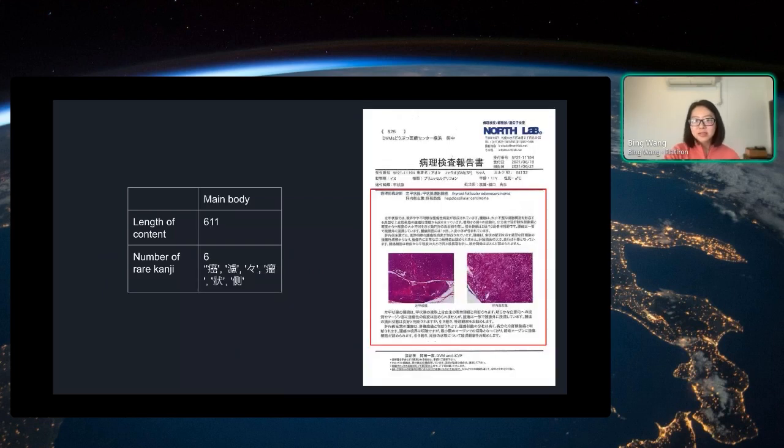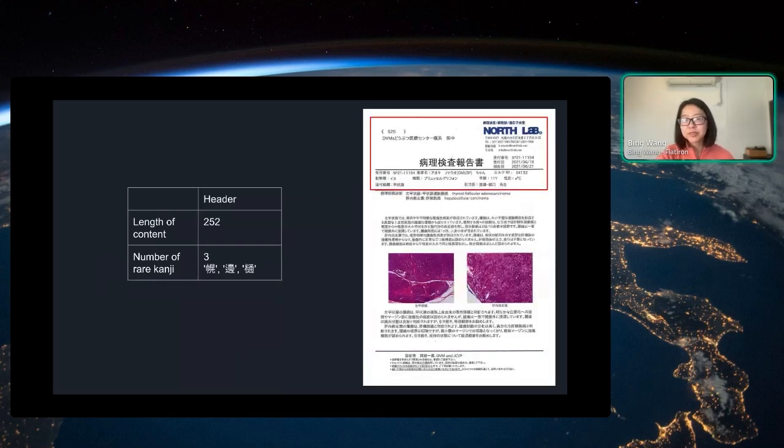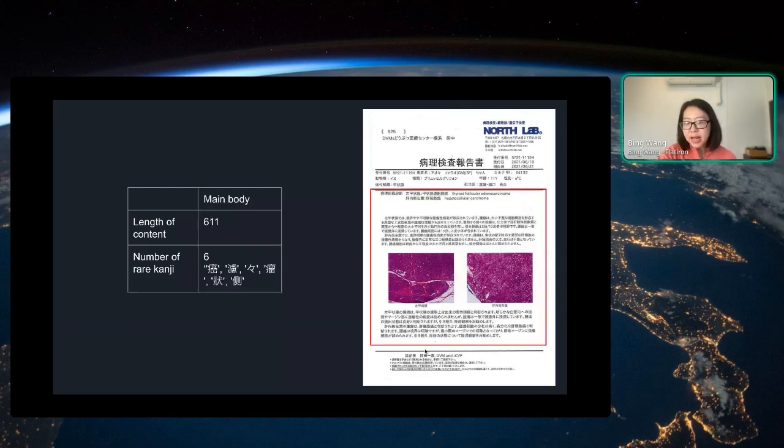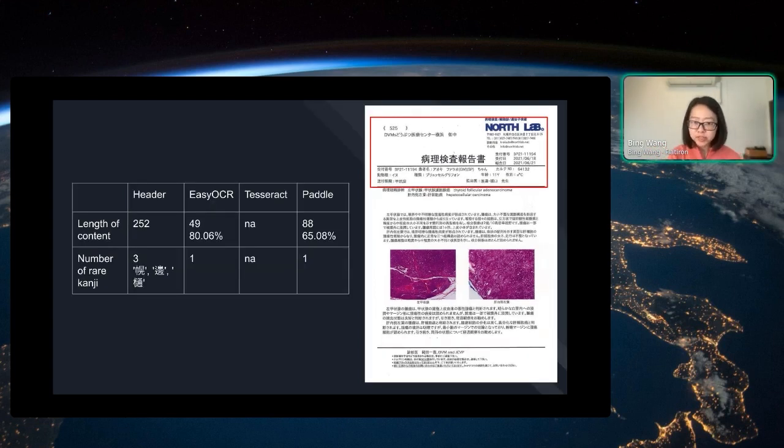For the second document, I broke it down into two sections: the header part and the main body. I ignored the footer part because in our data analysis, we usually do not look at the footer. So this is the result. Easy OCR, and, I would say, all three models struggled with the header because of the tricky layout here.